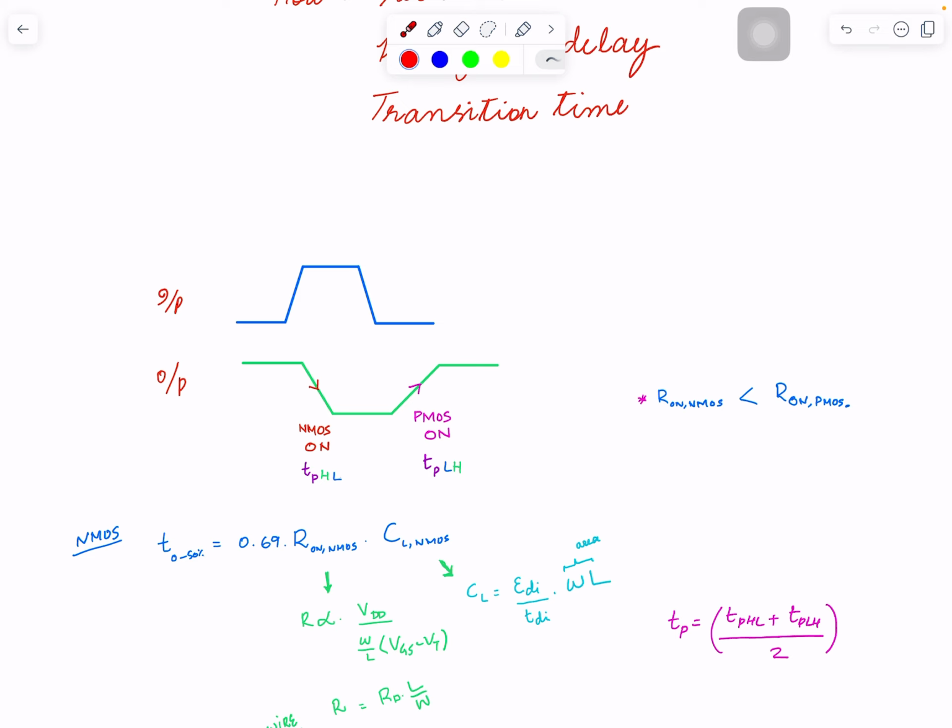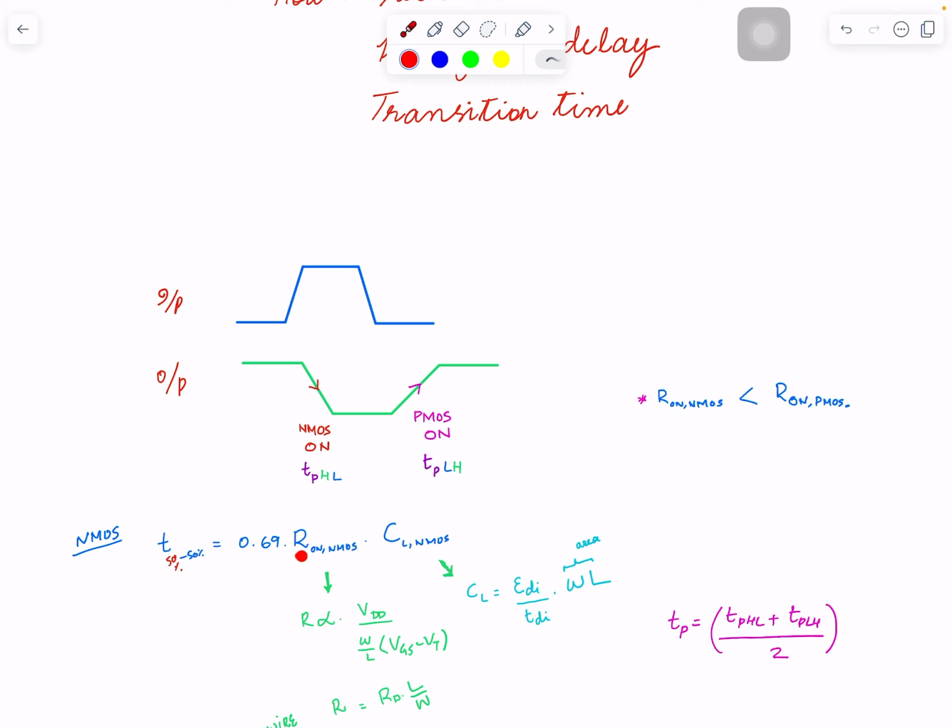So for delay, this should be not 0 to 50%, but 50% to 50%. Let's fix that. And that is 50% here to here, and that's really the case when the NMOS transistor turns on.